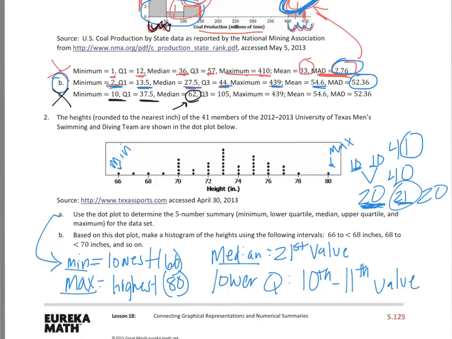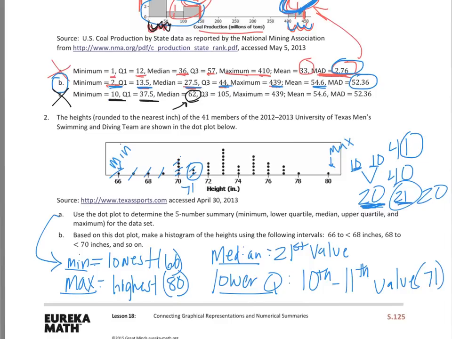And what would I do to find that? I'm going to have to find the mean of the 10th and 11th value. So let's just say, for the sake of it, 1, 2, 3, 4, 5, 6, 7, 8, 9, 10, 11. So it's really right in between there, which is 71. So 71 is the 10th value, 71 is the 11th. Really, the average is 71.